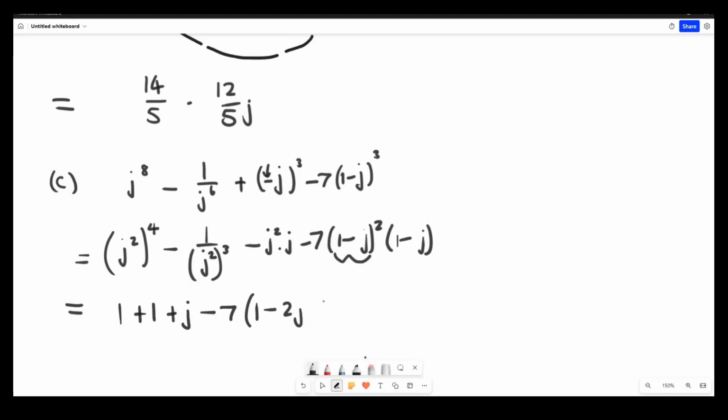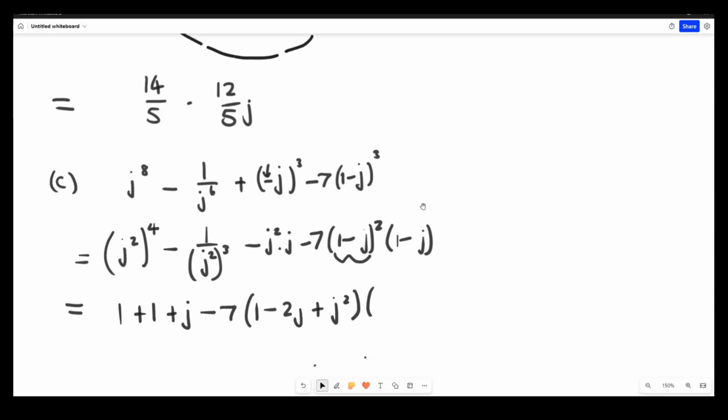So we've got that term. And then we've got minus times a minus in front of the j, which is a plus, and j times j is j squared. Close the bracket. And then that last bracket is just 1 minus j.